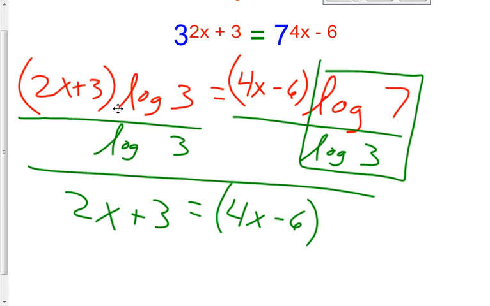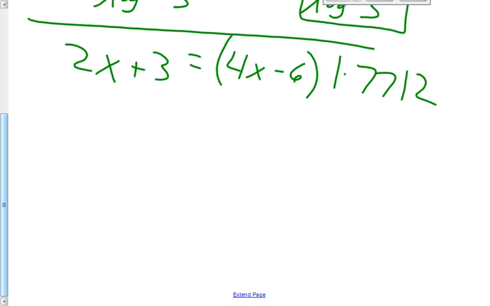Log of 7 divided by log 3. Rounding to 4 decimal places, you should get 1.7712. So once we have that, now we're going to distribute. You're basically just solving an equation with a 4 decimal distributive property.